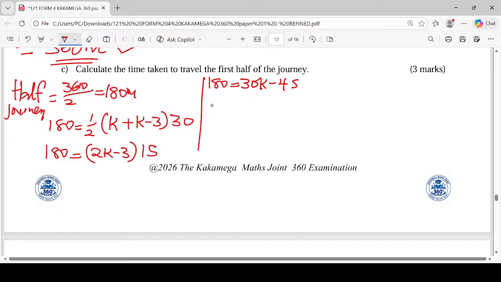So 30k will be equal to 180 plus 45, that is 225. You divide through by 30. Therefore, you're going to get the value of k as 7.5.